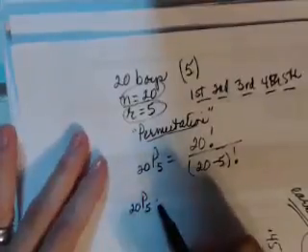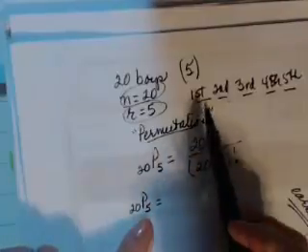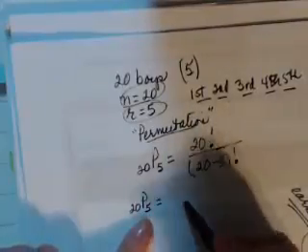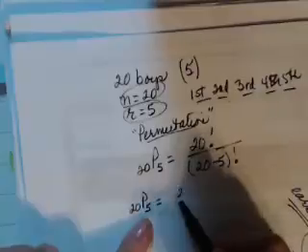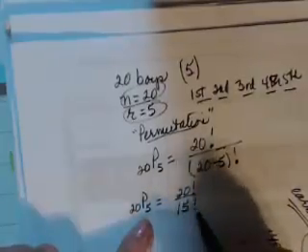So 20 boys positioned 5 positions would be 20 factorial over 15 factorial.